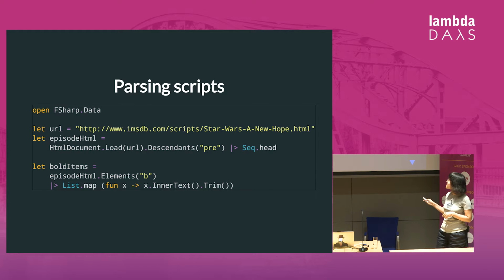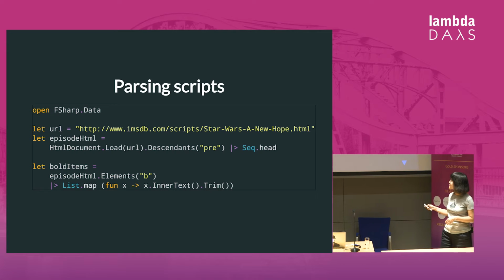I could load it into the HTML document, and then take all the descendants of this specific tag. Because the scripts were pre-formatted, they were always in this tag. Then I could just extract all the bold items by taking the B elements. That's straightforward, right? That should give me all the titles and all the names. Then I just took the inner text. So this is the whole HTML parser. It's relatively easy to use.